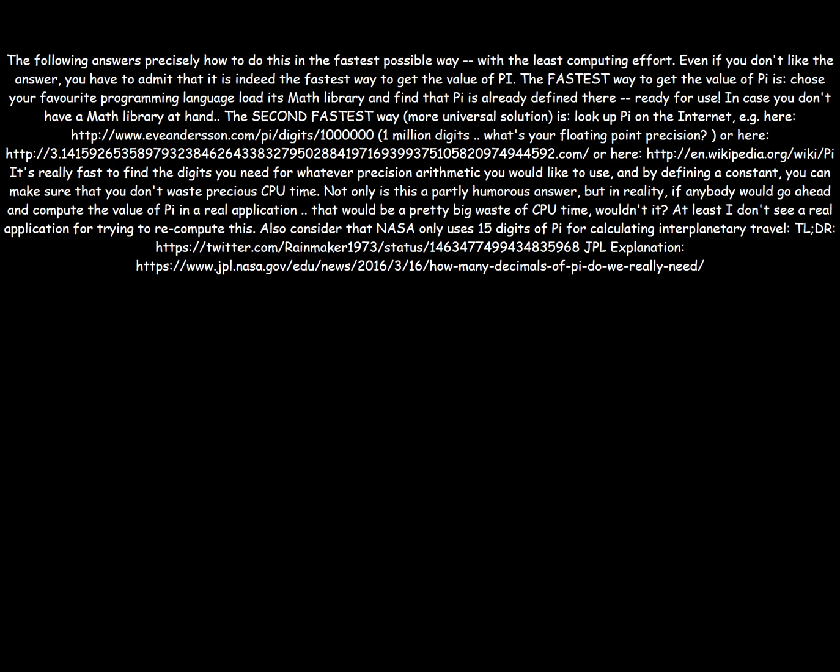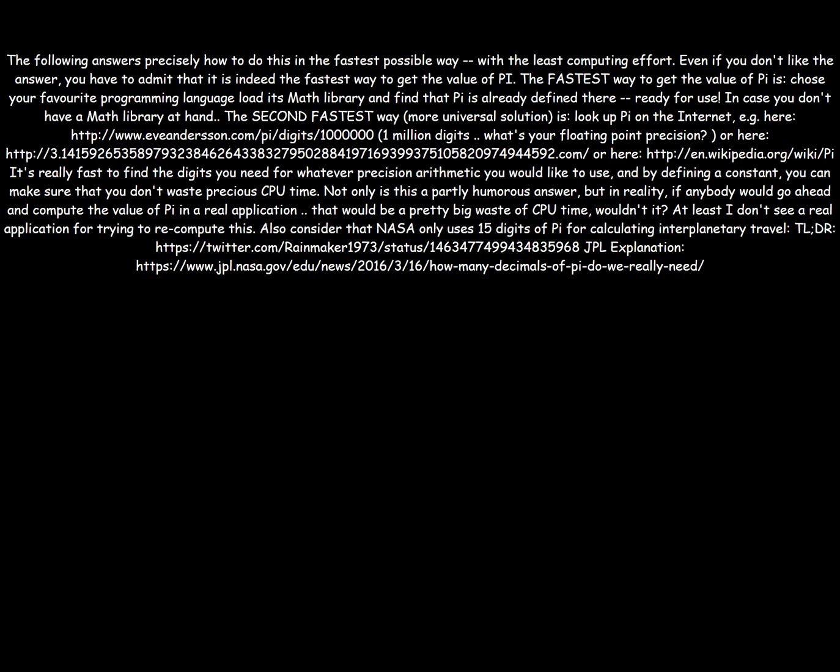Or here, or here, en.wikipedia.org/wiki/pi.